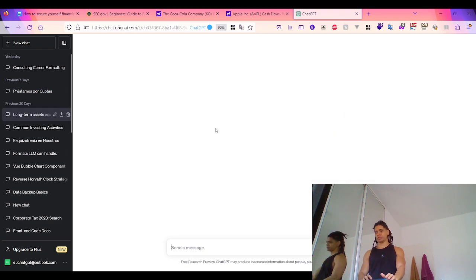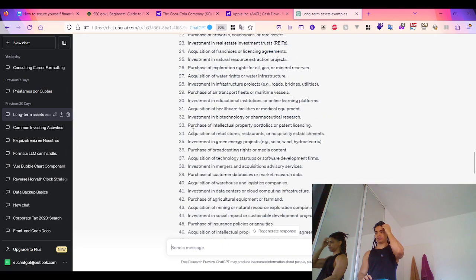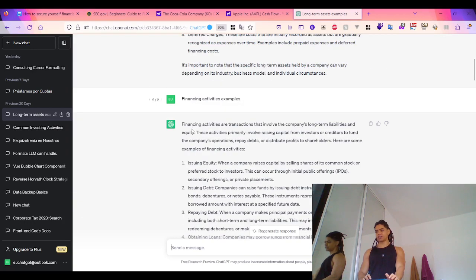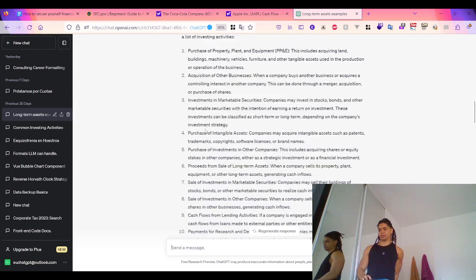This is long-term liabilities examples, and a long list of investing activities. So I ask myself, what do these financing activities mean? Investing and financing activities.